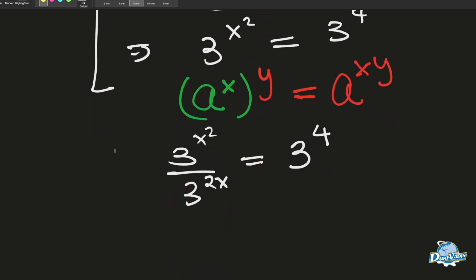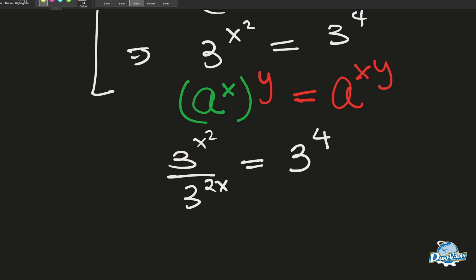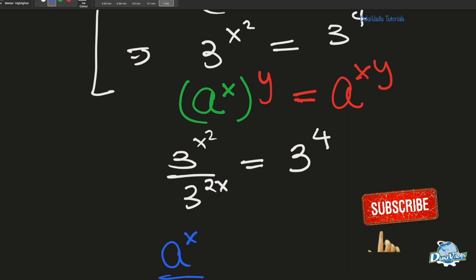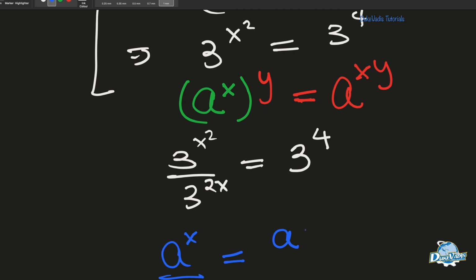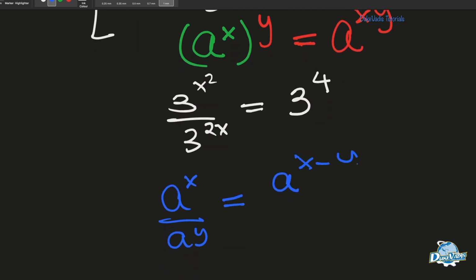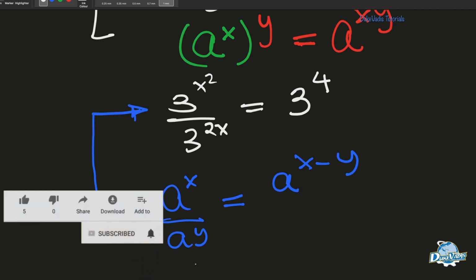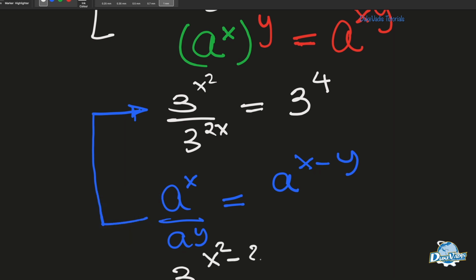The property says that if we have a raised to the power x divided by a raised to the power y, then this is the same as a raised to the power x minus y. Friends, so let's see how we apply it. Now look at it. This will be 3 raised to the power x squared minus 2x, which is equal to 3 raised to the power 4.